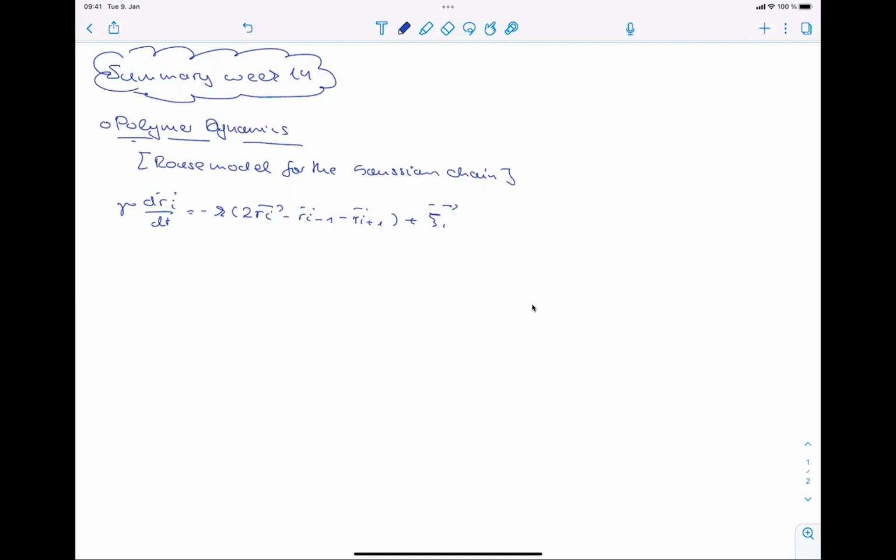Now, white noise, since I guess this was the first time you saw this, means that the average is 0 and the cross correlation scales with the temperature.